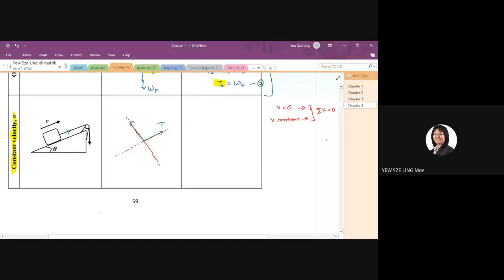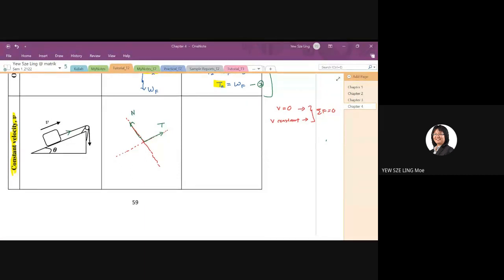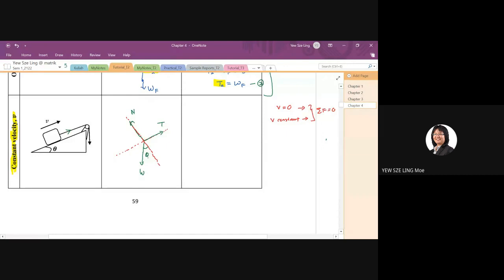Good, so this is the normal force. The next one, Liu gave me W going down, which is correct, with a theta beside the y-axis. Good, you must show this angle.